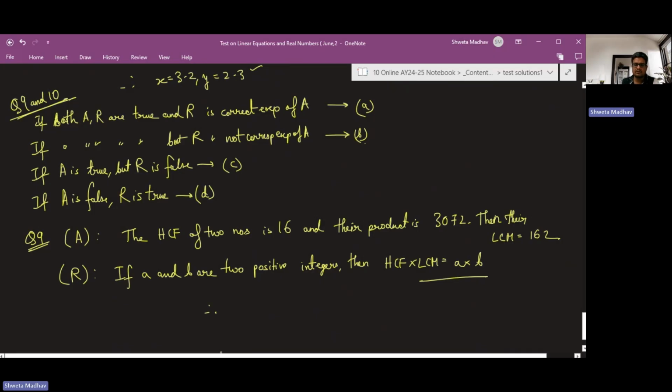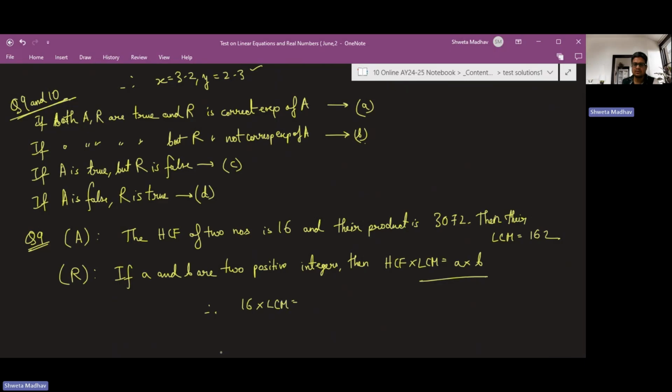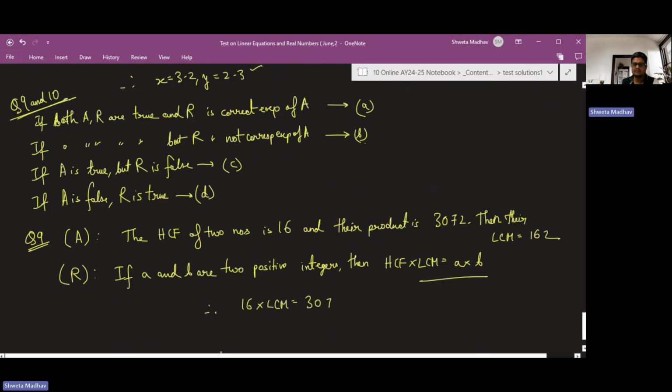So therefore, if 16 is the HCF, then 16 times their LCM is equal to their product, that is 3072. Therefore their LCM will be 3072 divided by 16.